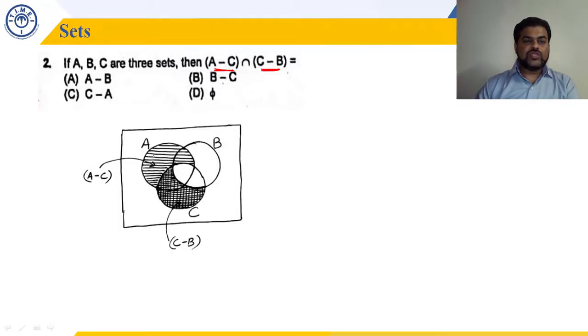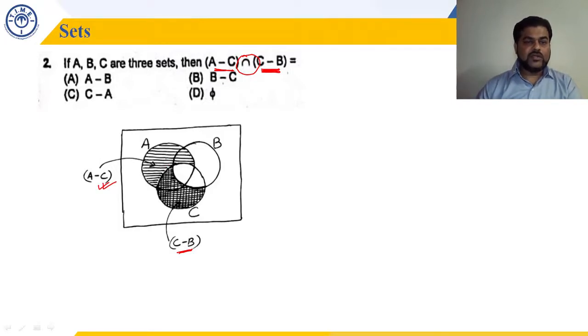So this horizontal shading gives you A minus C, and this crisscross shading gives you similarly C minus B. C minus B is nothing but this region, which is this crisscross shading. So we have to look for the intersection between these two shaded parts.